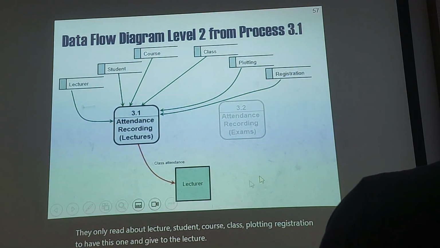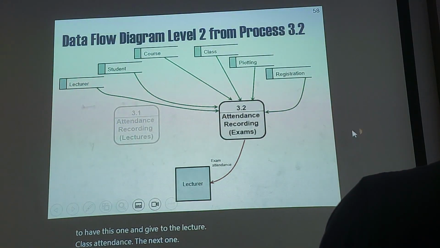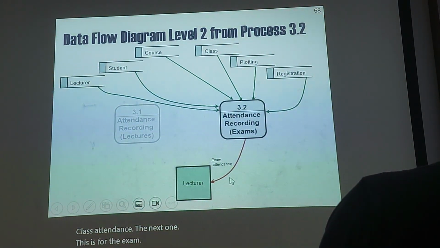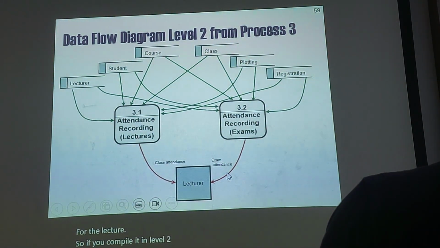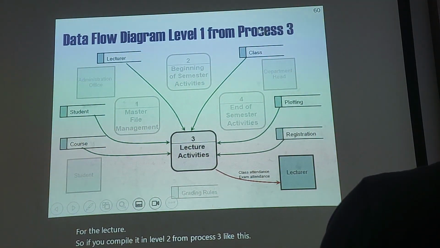Class attendance. The next one, this is for the exam, to give to the lecture. So if we compare it, level 2 from process 3 is like this. This is level 1 from process 3.